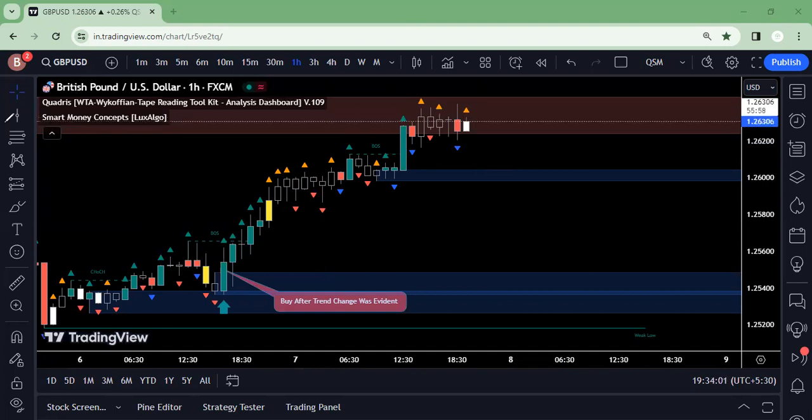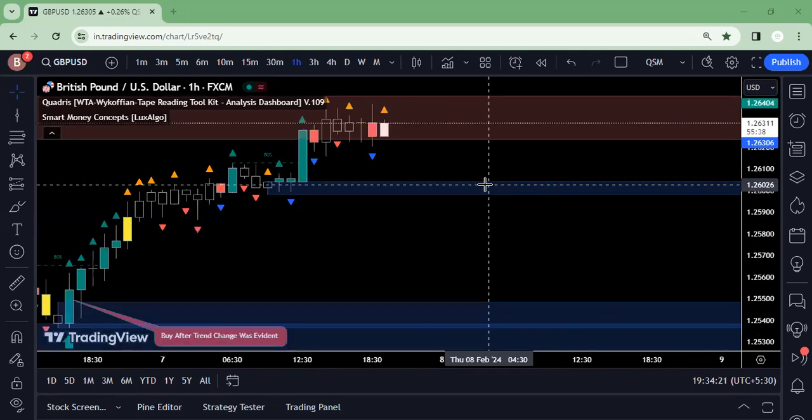In the previous video, there were 4 or 5 minutes left to complete this particular 1 hour candle. At that point, it was showing a green and blue triangle.